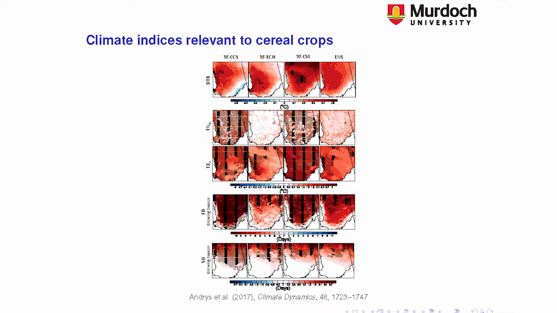Red here means it's getting warmer, blue means it's getting cooler, and each row is a particular climate index which matters if you're growing wheat in the region. The first 3 are each a different model simulation, and the one on the right is the ensemble mean, so you take the mean of everything. What it's telling us is that, especially in the northern parts, we'll probably have some issues with growing the same varieties of wheat that we're growing at the moment.